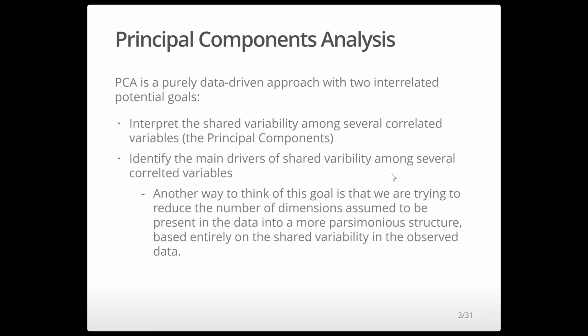I will try to correct that typo in correlated. And so another way to think of this is that the goal is that we are trying to reduce the number of dimensions in our data. So we're trying to think of how we can explain our data in a way that's maybe more parsimonious than we get from the data itself.